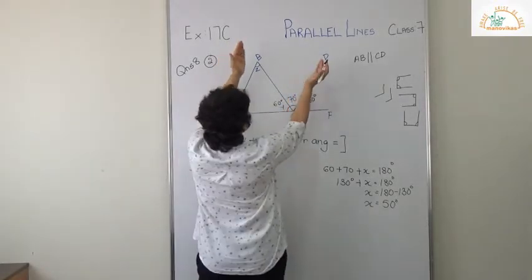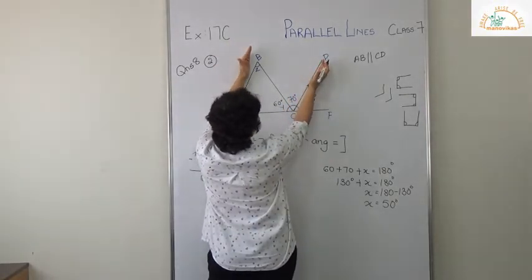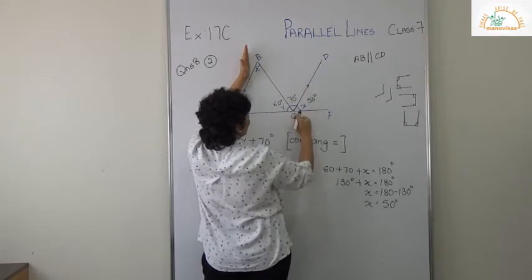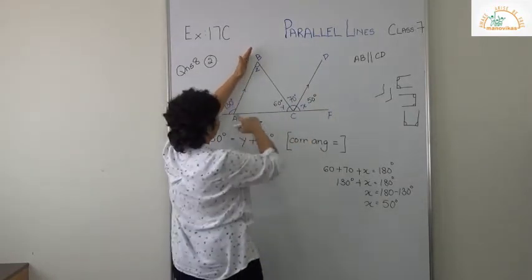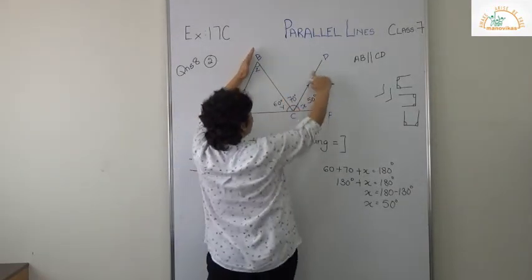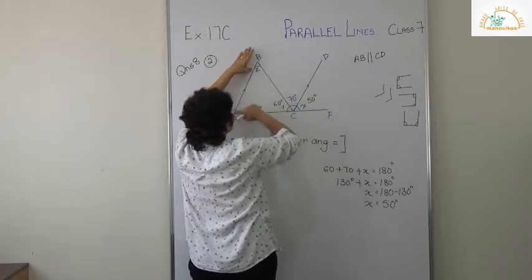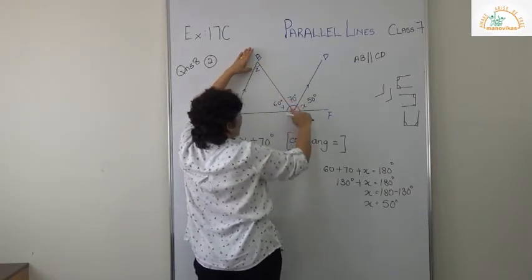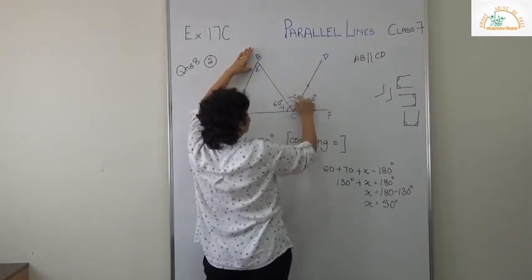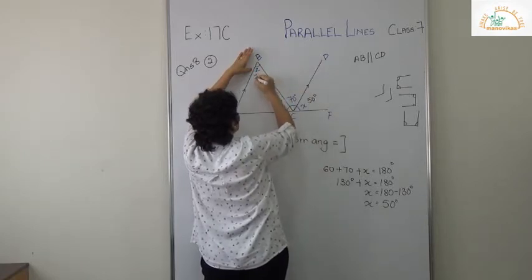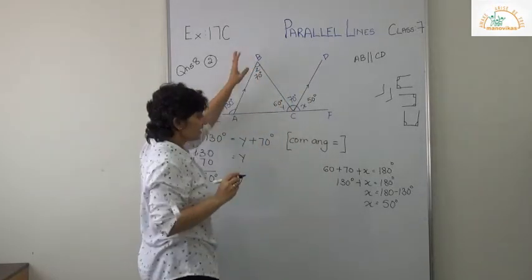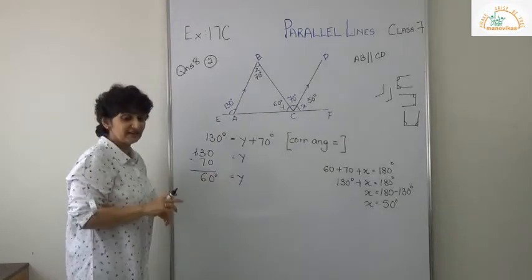Now children, you know these two are parallel lines and this becomes your transversal. So can you guess something? The Z shape, right? So Z will be, see here, like this and like this. So this 70 also is equal to here. So I know Z is equal to 70 degrees.